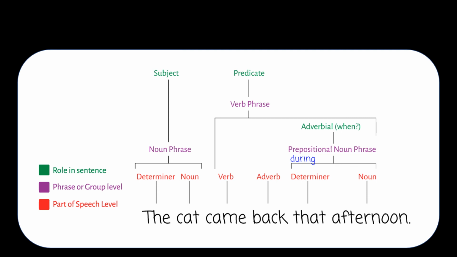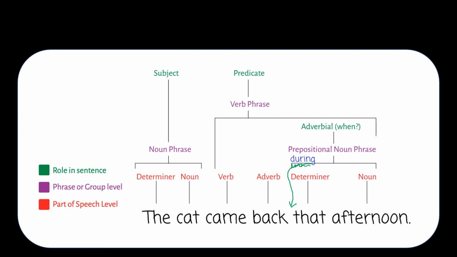Here are some sentences I've already done in diagram form. So the cat is our noun phrase, which is the subject. Came is the main verb of the predicate. Adverb, back. That afternoon, this is called a prepositional noun phrase because the meaning of during could be inserted in here, but we don't say it. We just keep it in the back of our mind to mean during or in.